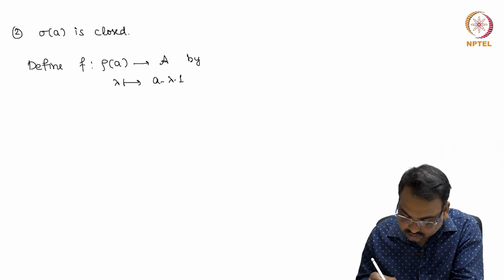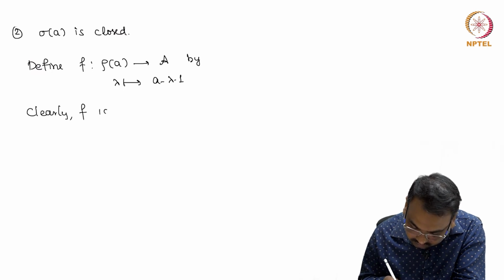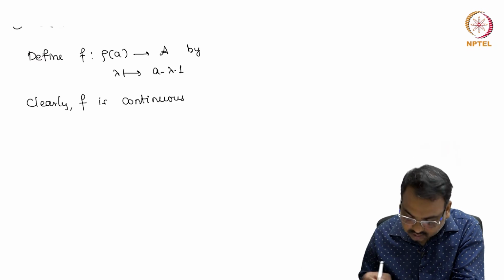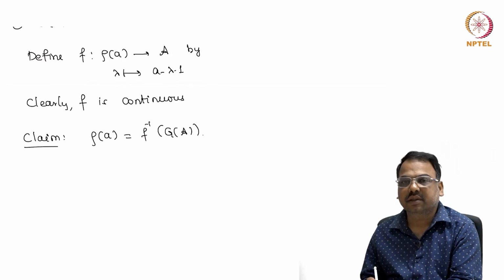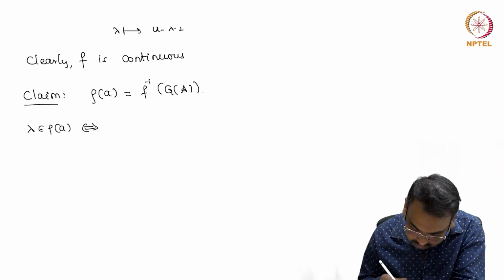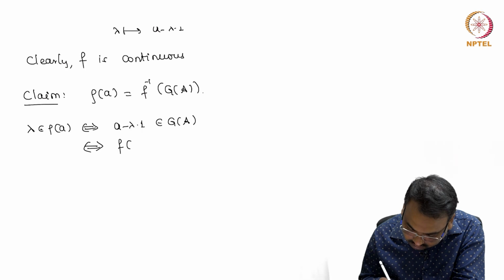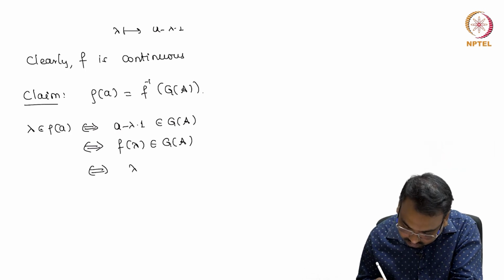We can show that F is continuous. In fact, the claim is that rho of A is exactly F inverse of G of A. Lambda is in rho of A if and only if A minus lambda 1 is in G of A, which is if and only if F of lambda is in G of A. So this implies lambda is in F inverse of G of A.